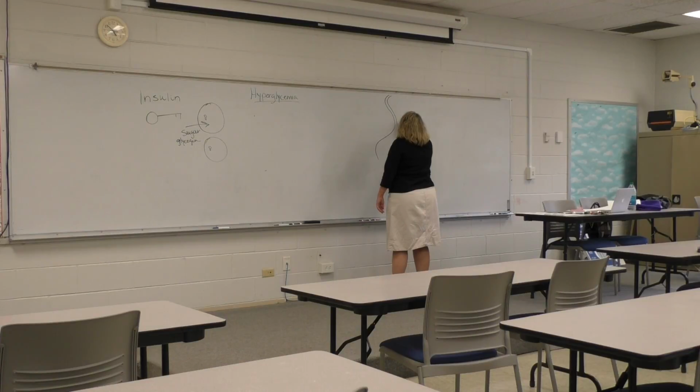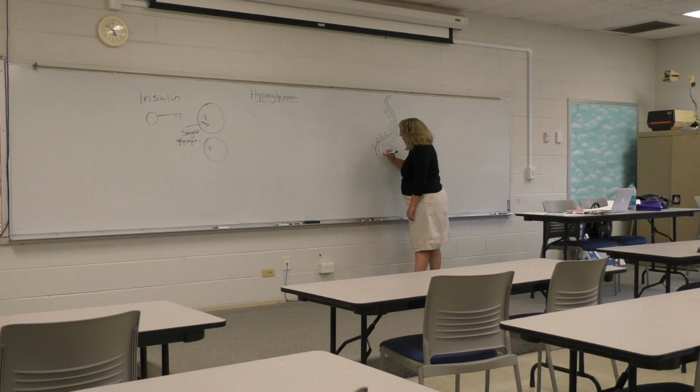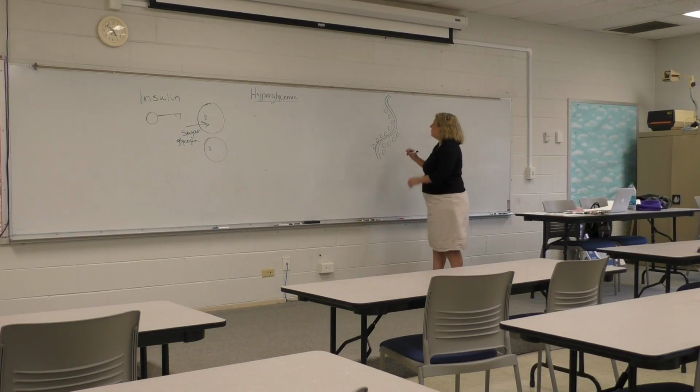Here's your blood vessel. You got all your cells. They each have their little keyholes. I didn't do all of them. So, the whole reason a person gets diabetic and has hyperglycemia is that they eat, right?